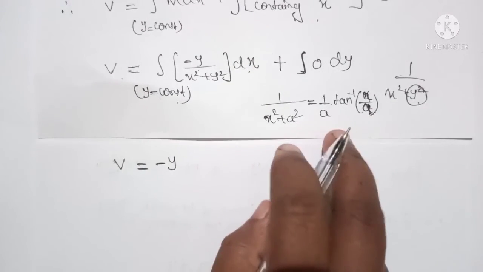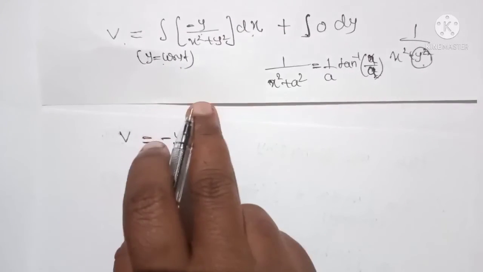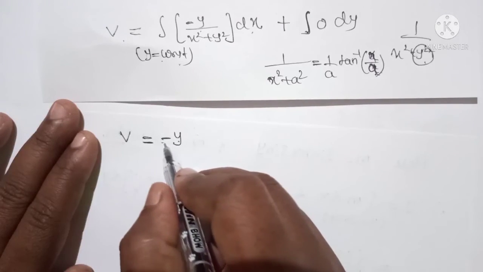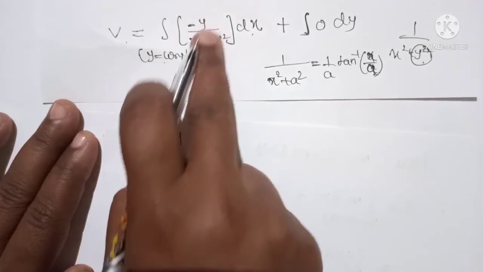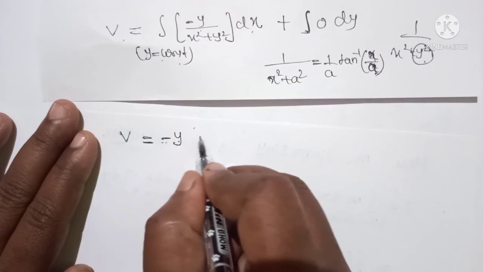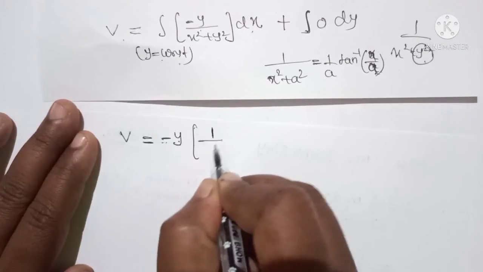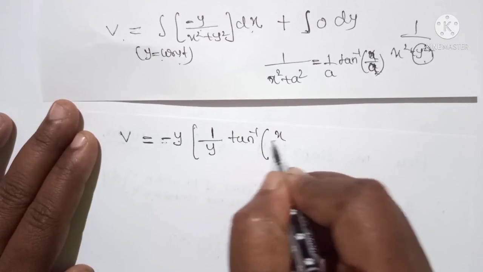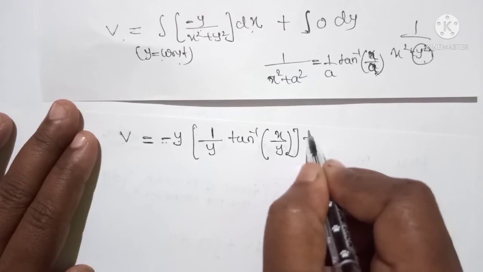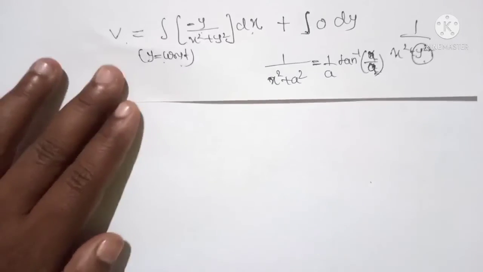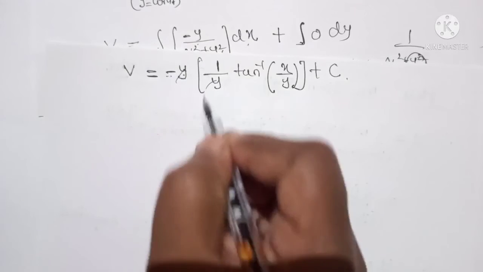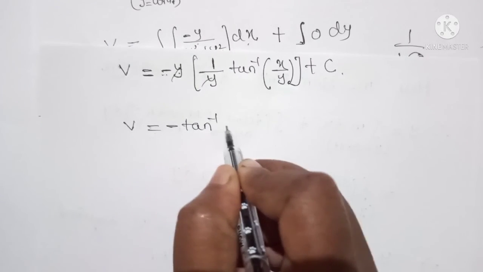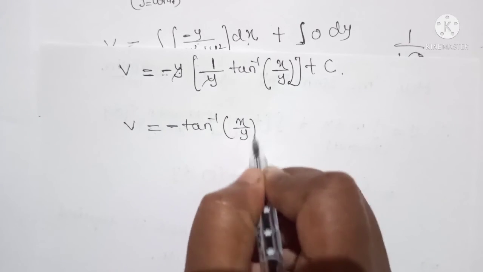Using this formula, this can be integrated as minus y taken outside, 1 by x square plus y square integration is 1 by y tan inverse of x by y, plus integration constant c. So y cancels, and we get v equals minus tan inverse of x by y plus c.